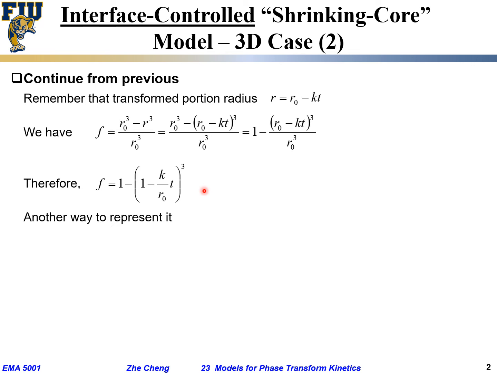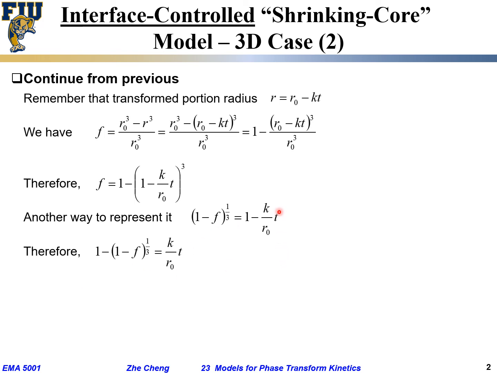And if we rearrange, we would have 1 minus F to the power of 1 over 3 would be 1 minus k over R0 t. And of course, we can further rearrange, combining 1 and this 1 minus F to the power of 1/3 together.